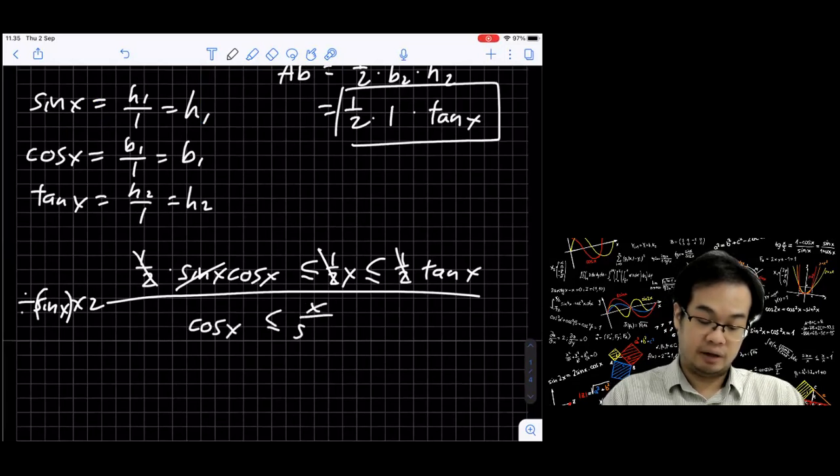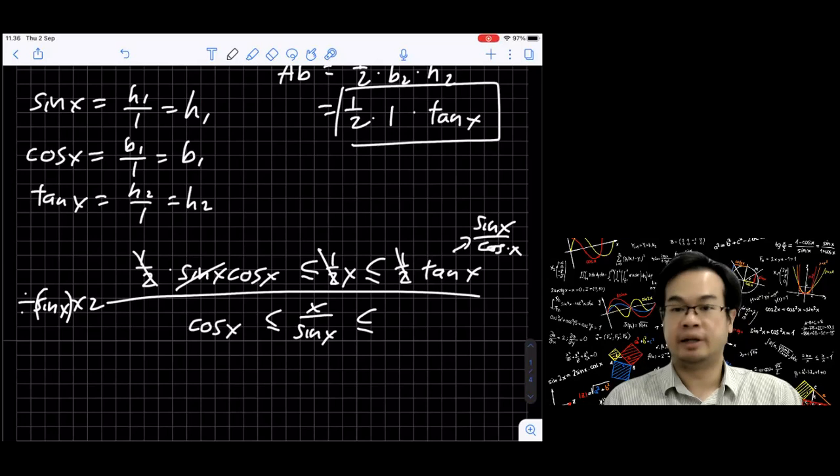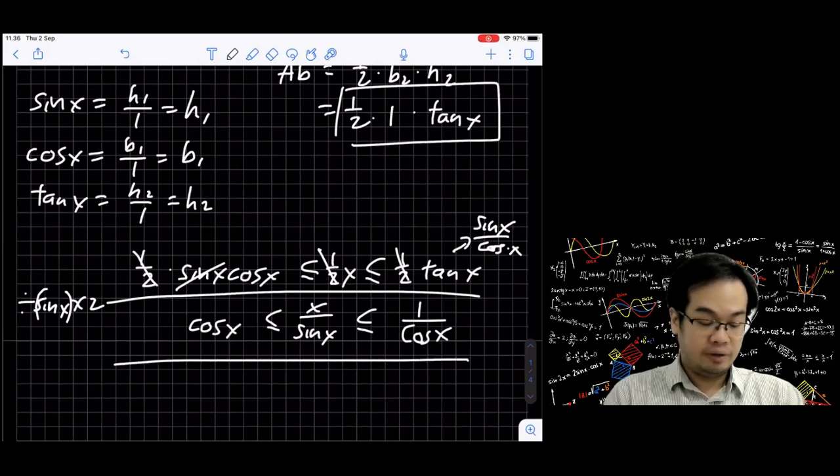x over sine x, and tangent is actually equal to sine x over cosine x, right? So if we divide tangent x by sine x, of course the result will be 1 over cosine x. And then we reverse it, we make it reciprocal.